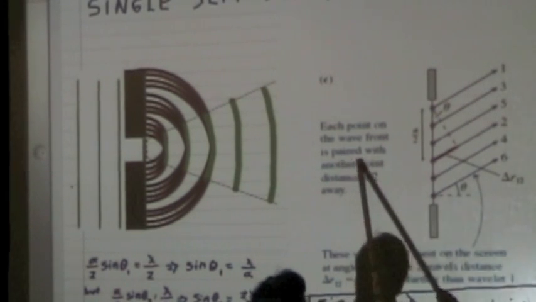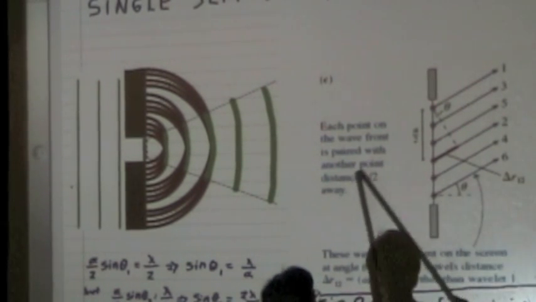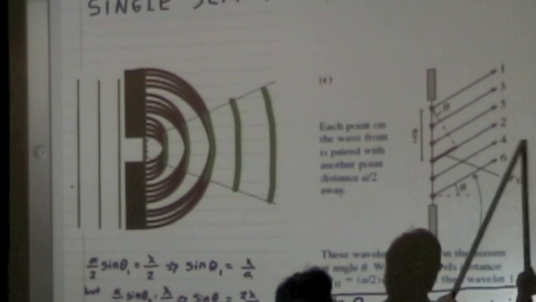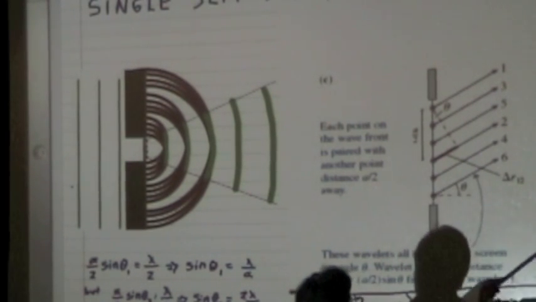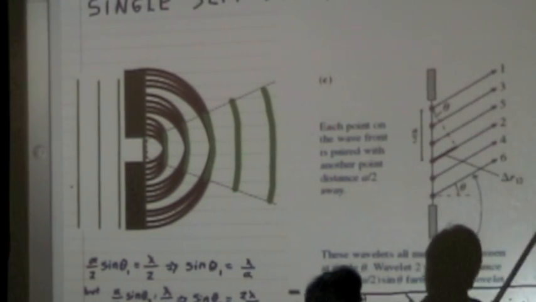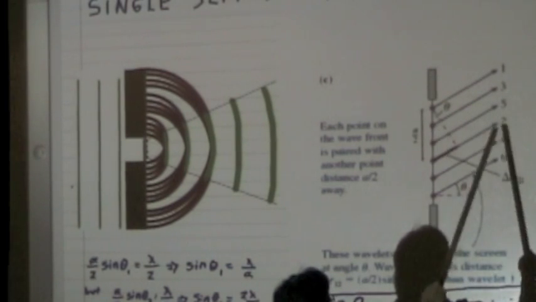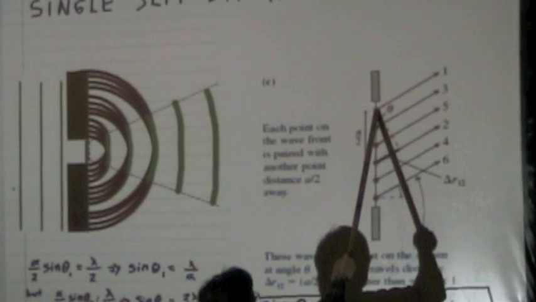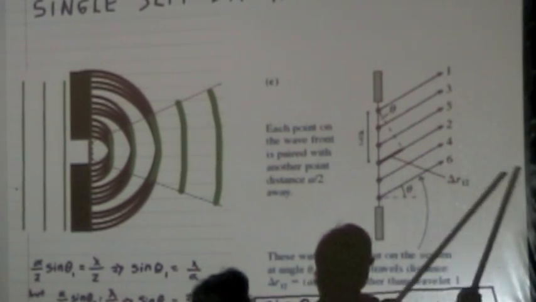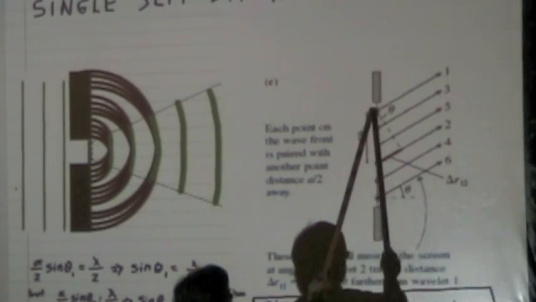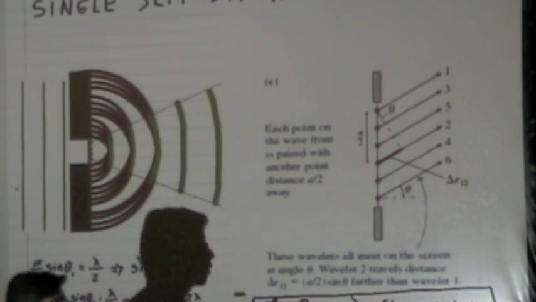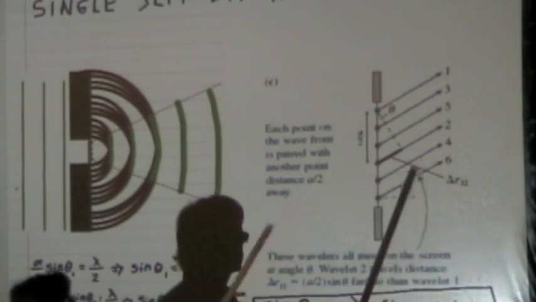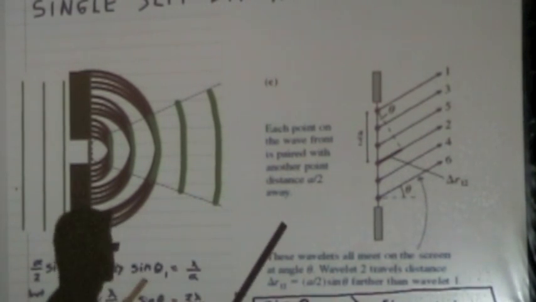So even the point that you think should be easy to figure out as a maximum, the point midway over here, has contributions of waves with different phases. This one and that one have the same phase, but this one does not have the same phase as that one. So even if there is constructive interference pairwise, you don't know if there's going to be constructive interference globally, if all of those waves at some point are going to interfere constructively with each other or not.